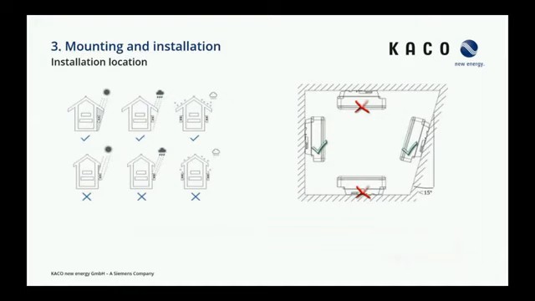So here we can see what's important if you're looking for the perfect installation location. Generally, we should make sure that the inverter has no direct contact to the sun, to rain, or to snow, and we shouldn't install the inverter directly on the roof or on the ground.